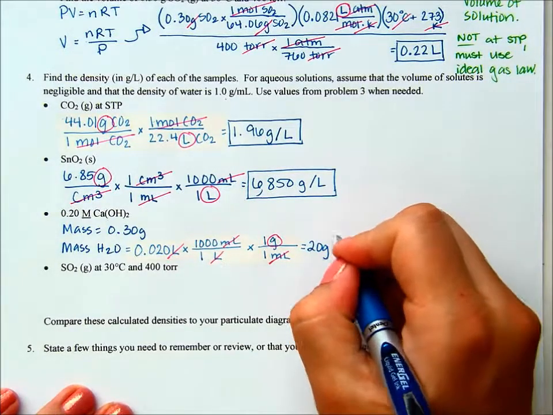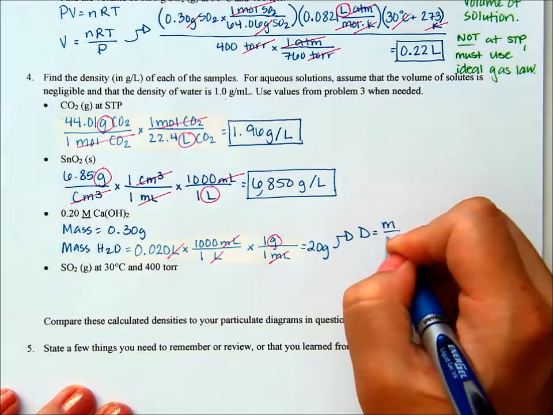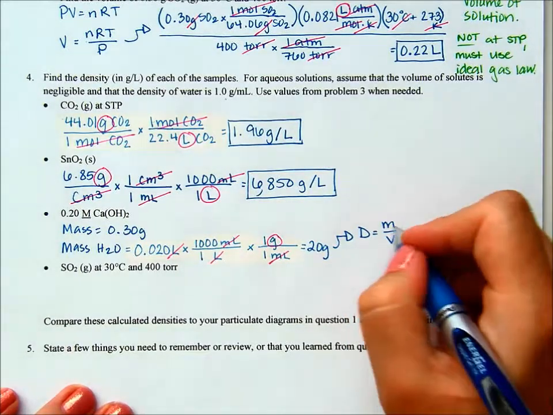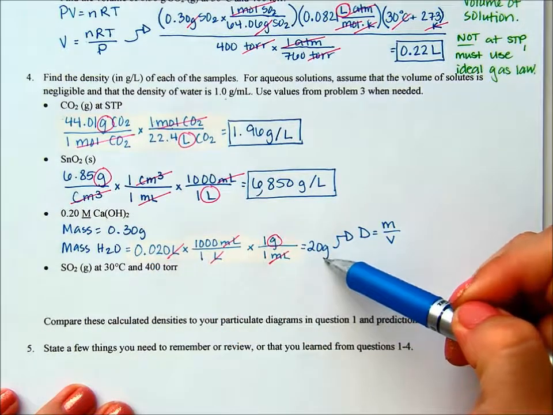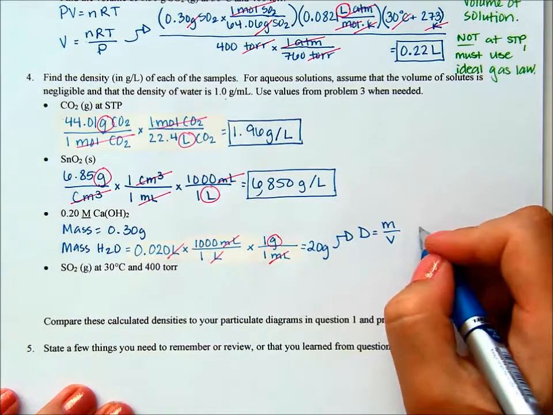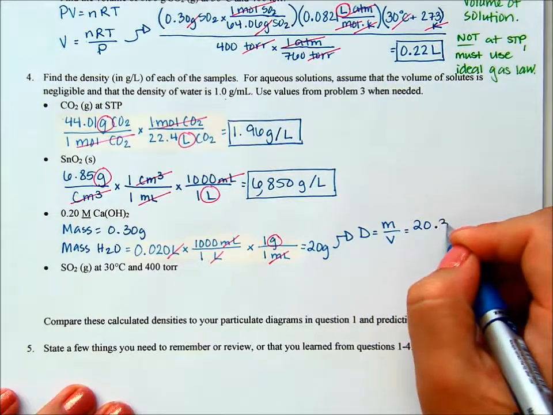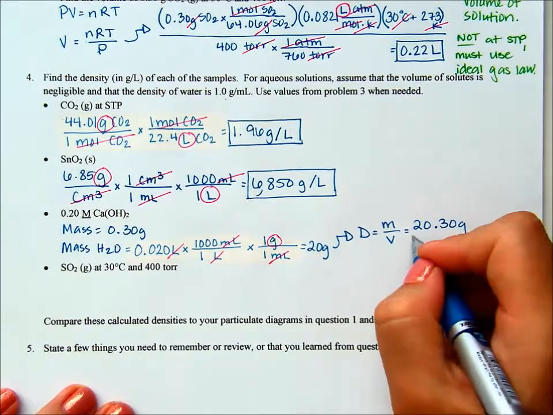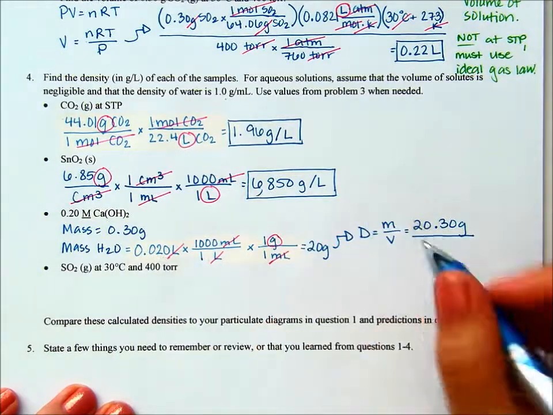So to get density from this, density equals mass over volume, you'll remember. So my mass is going to be my total mass, so it's going to be 0.3 plus 20. That's going to be 20.3 grams divided by my volume, which I started with here, which I already had.